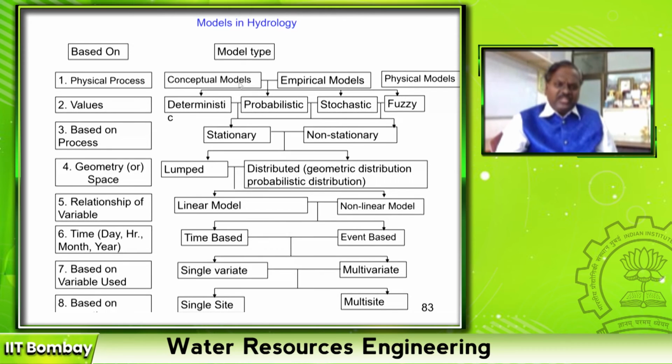Or it may be single site, single variate, time-based, linear, lumped, stationary, probabilistic, conceptual, like that. So I can have several combinations. But which method is the best one? That depends upon the available data and the accuracy you are expecting from your hydrological model.